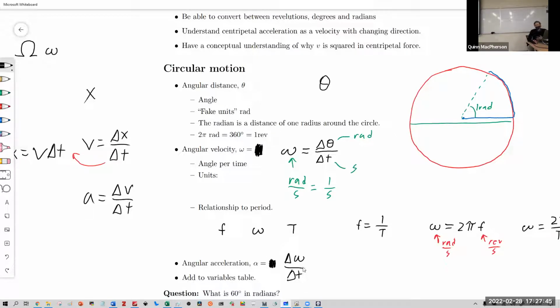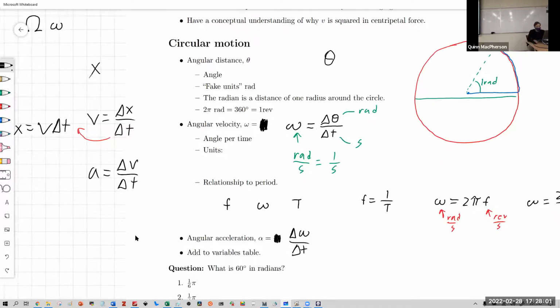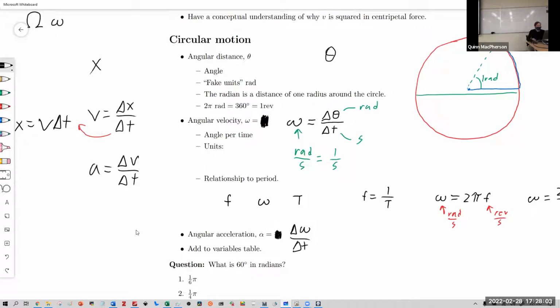So it's just like regular velocity and acceleration, except you replace position with angle and velocity with angular velocity. It's the same pattern. But we'll talk about angular acceleration more at a later date. I'm just giving you a preview.